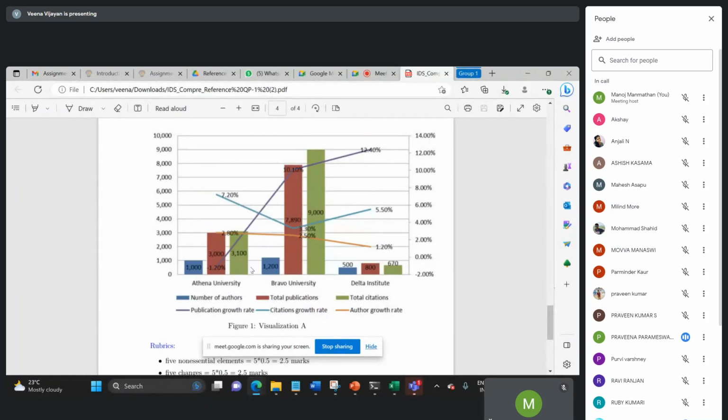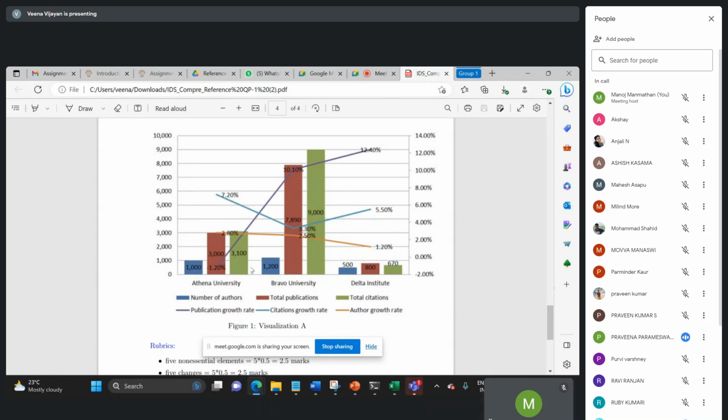First thing is to remove the five non-essential elements. What are the non-essential elements in this? Do we need these names, like name of author, number of author, total publications? If you just put publications also, it will work. No, but that is still important information.